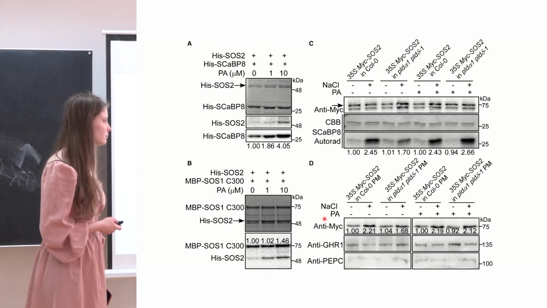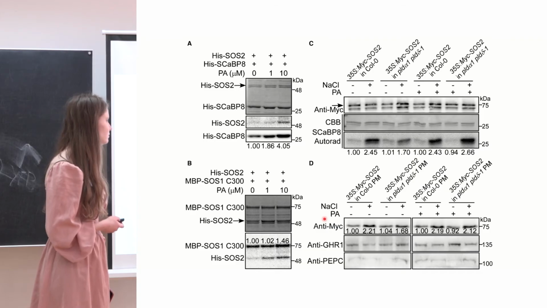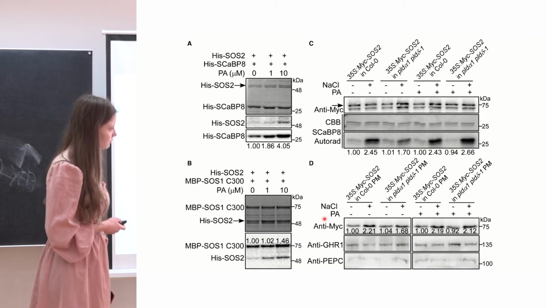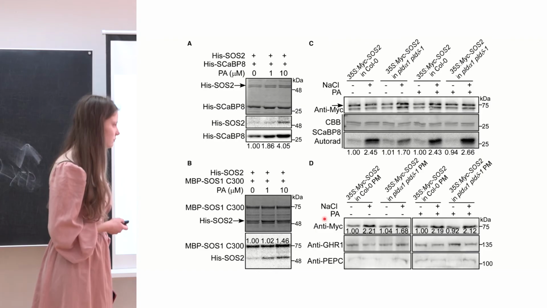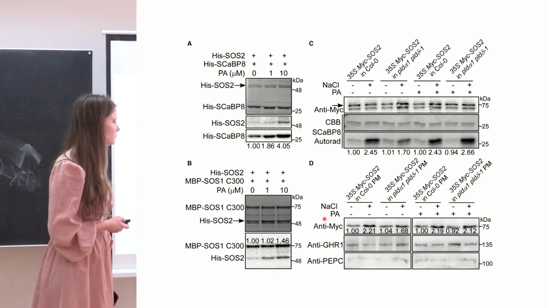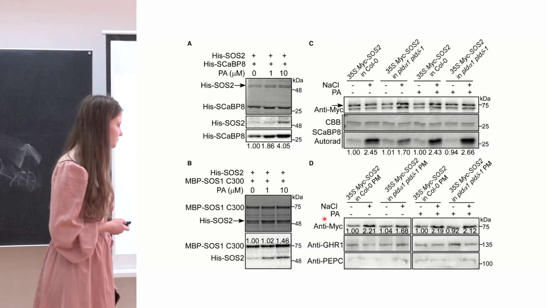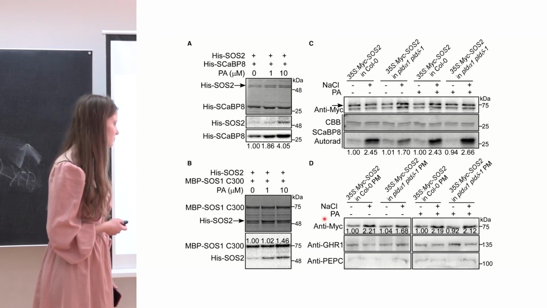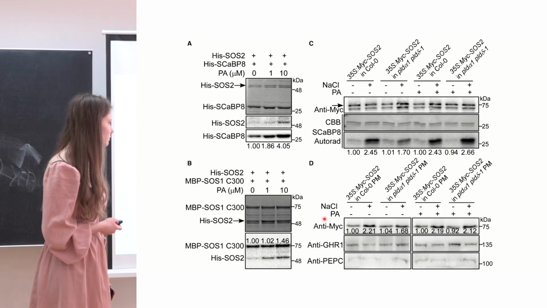Были получены растения, как растения дикого типа, так и растения мутантные по фосфолипазам, которые были трансформированы СОС2 под конститутивным промотором.